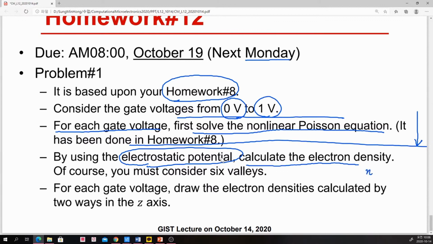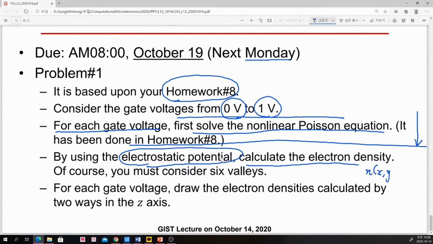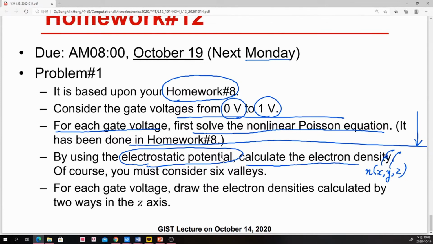You can just calculate n of x, y, z. Of course, x and y dependency does not exist, so you can calculate n of z. Please keep in mind that you have to consider 6 valleys and spin degeneracy.